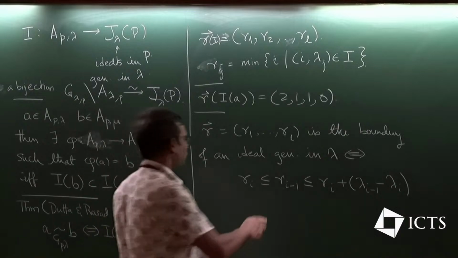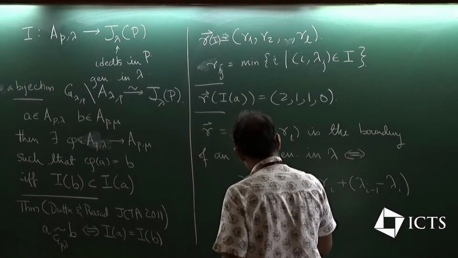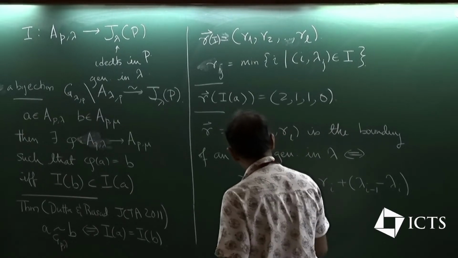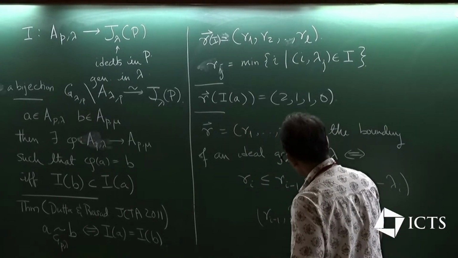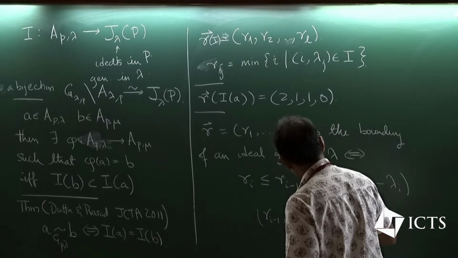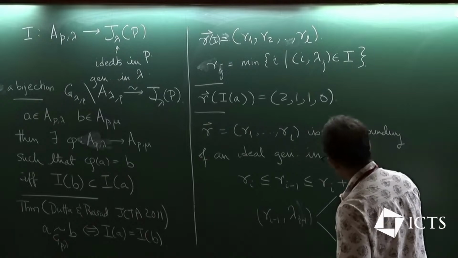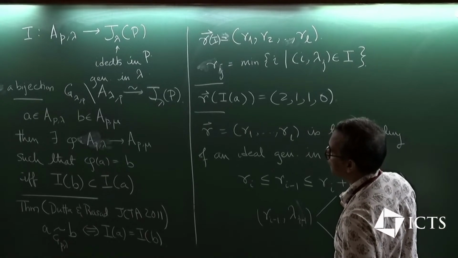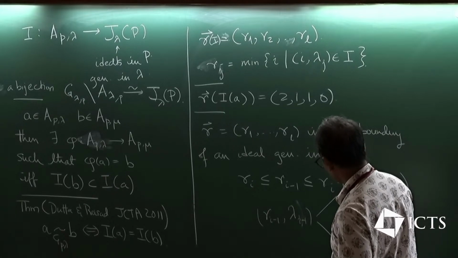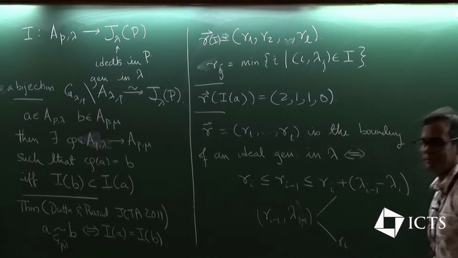So if you start with (R_{i-1}, lambda_i), then if you go to lambda_{i-1}, you can go up or go down. If you go up, you'll end up with this guy. If you go down, you'll end up with R_i.